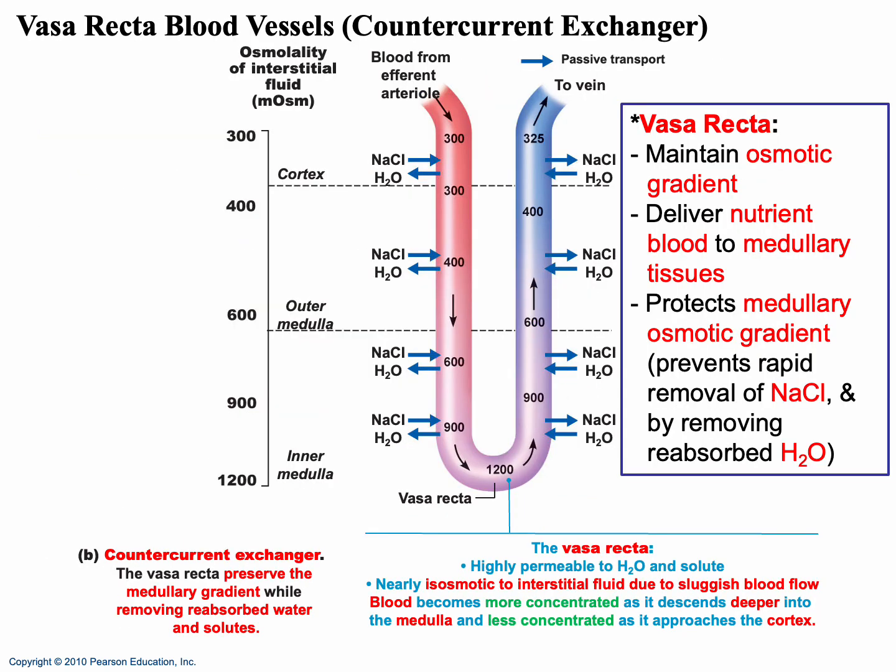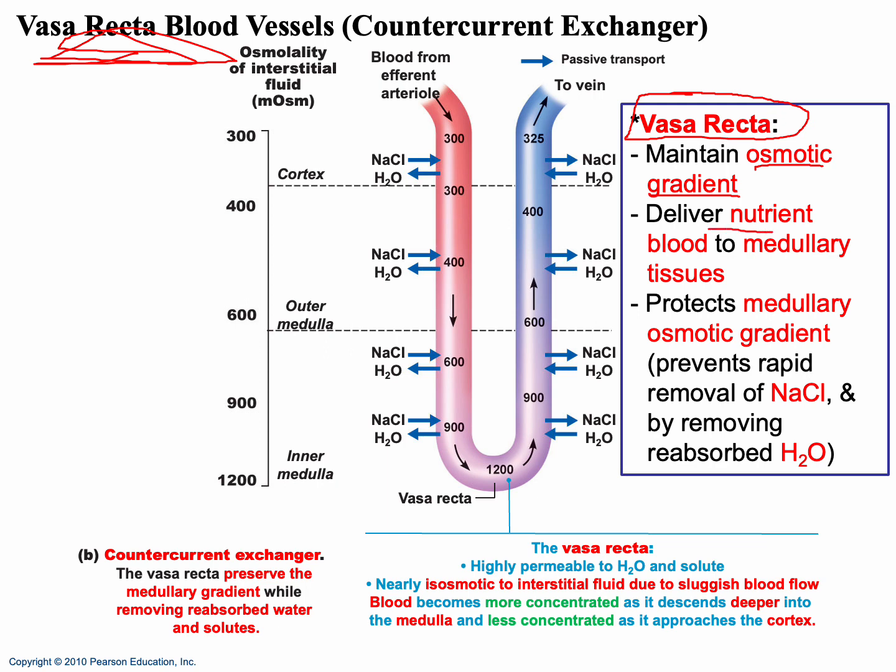One thing to consider too: the blood vessels in close proximity to the loop of Henle in the juxtamedullary nephrons are the vasa recta capillaries. These are the vasa recta capillaries. They're important for maintaining the osmotic gradient when we consider movement of water and salt in the loop of Henle.